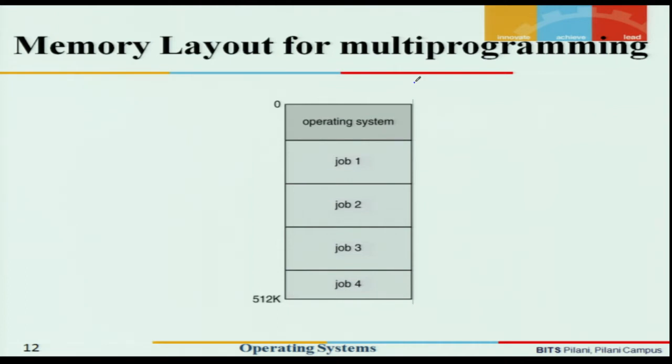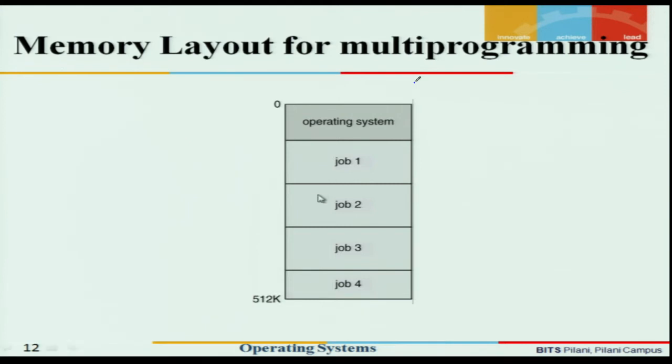In a batch processing system, we saw that we had a memory which was just partitioned into two parts, one being the operating system and another being the user area, whereas now we have the operating system and multiple jobs, job 1, job 2, job 3, job 4, job n, and each of the jobs could belong to a different user. So once again the issue here is maintaining territorial integrity, but compared with a batch processing system, the issue is much more complicated.